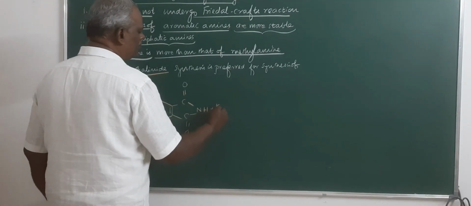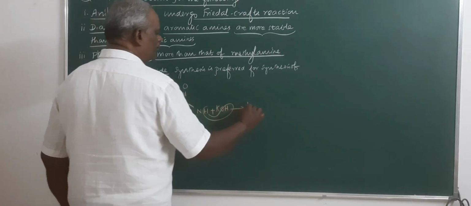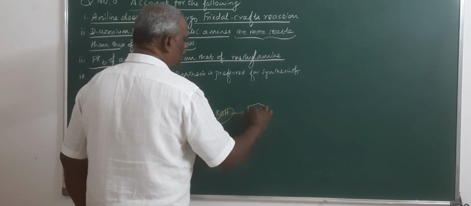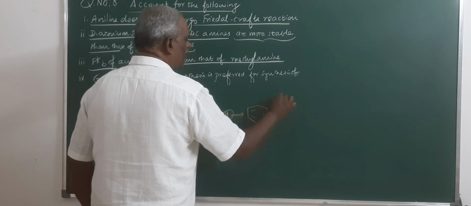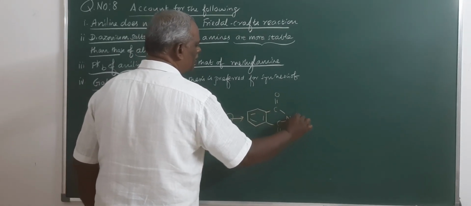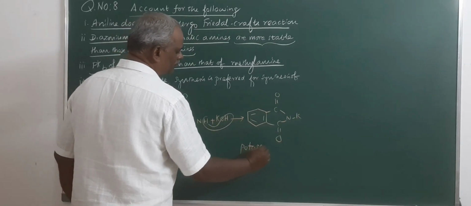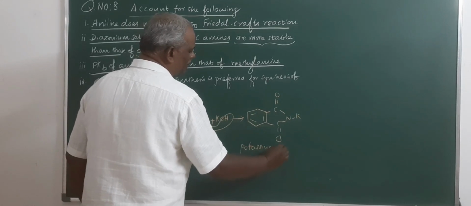NH. Now that should be treated with KOH in the first step. H combined with OH. As a result of that, we will be expecting potassium substituted phthalimide called potassium phthalimide.